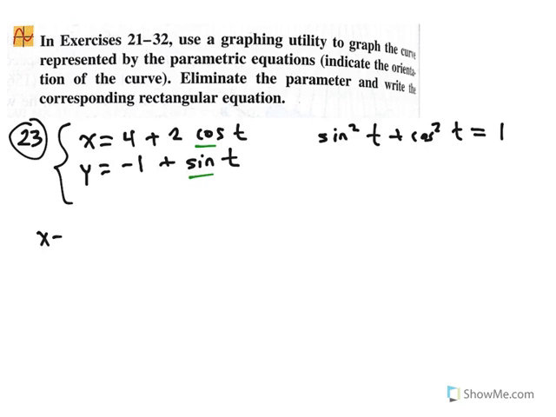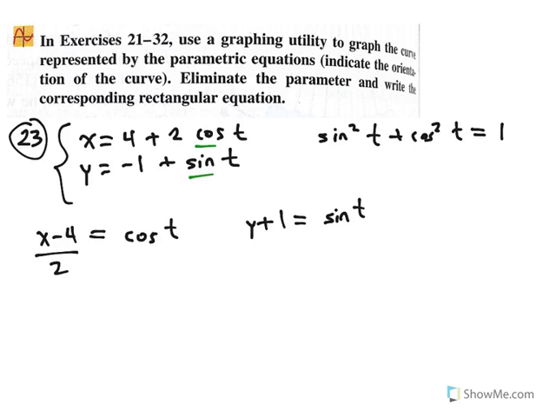So in the first one, you can begin by subtracting 4 from each side of the equation, and in the second one you can begin by adding 1 to each side of the equation. So in the first equation you also have to divide both sides of the equation by 2 to get x minus 4 divided by 2 is equal to cosine t.